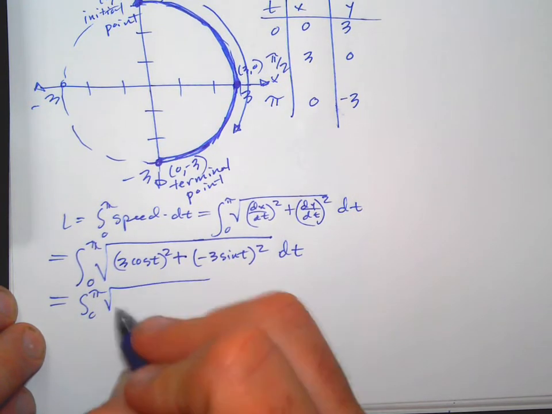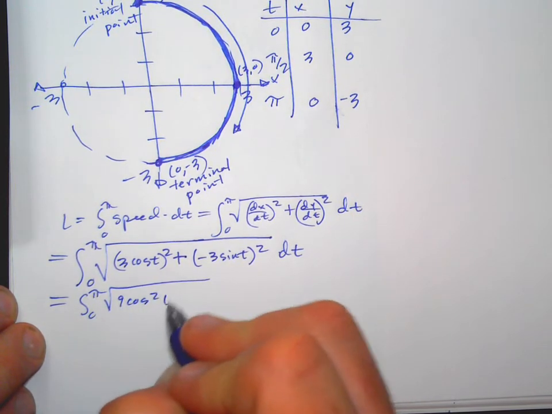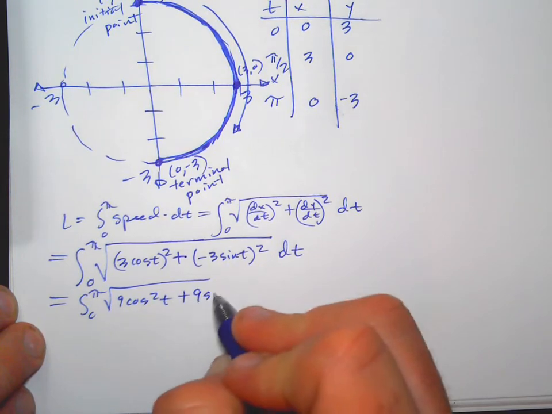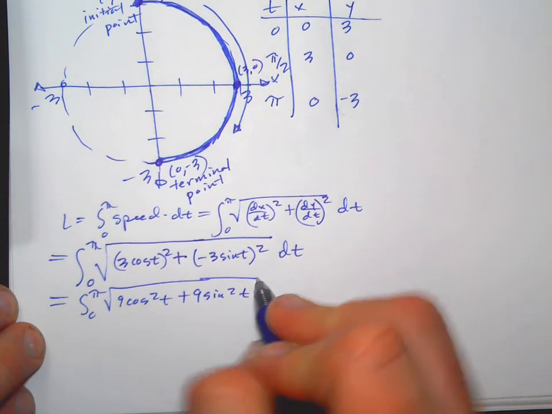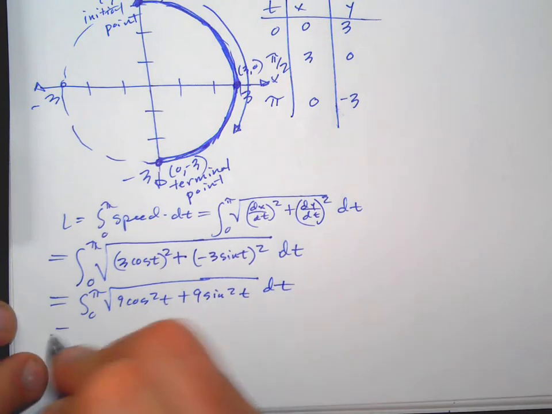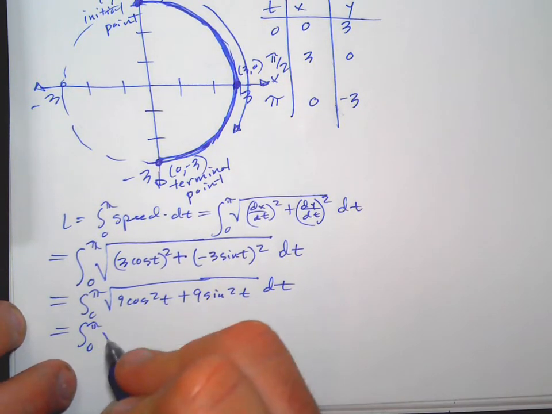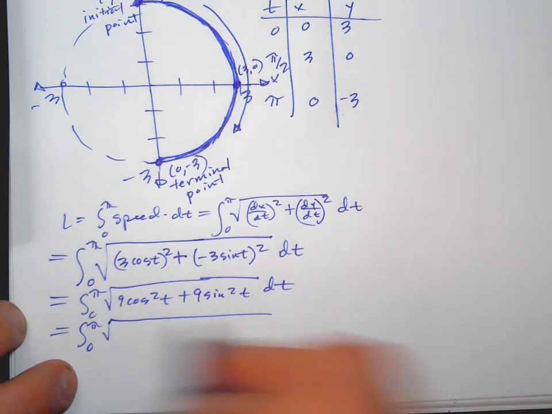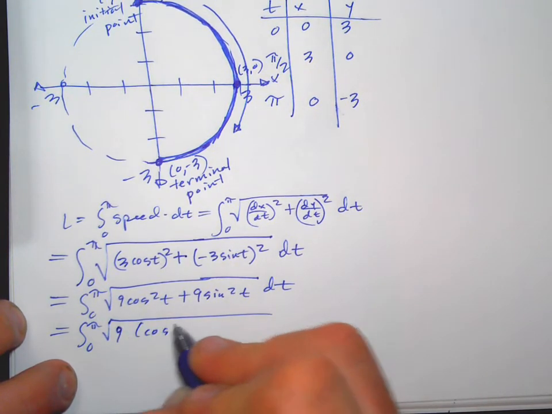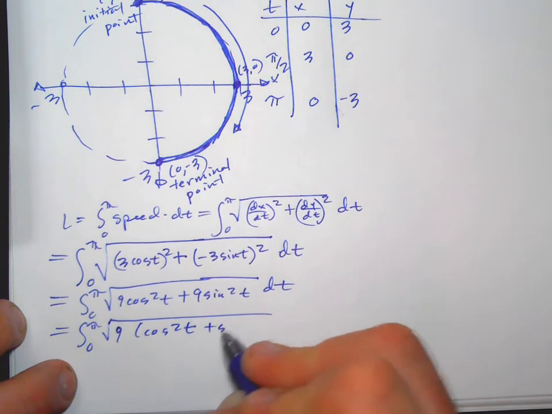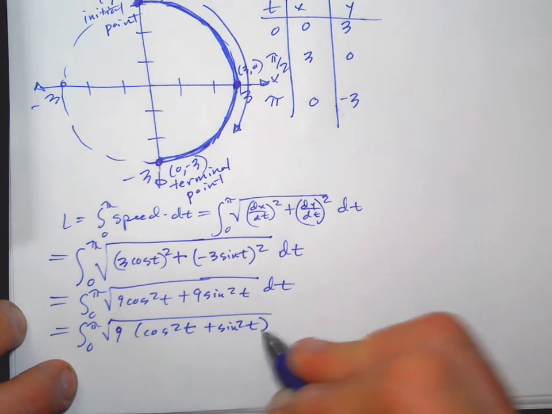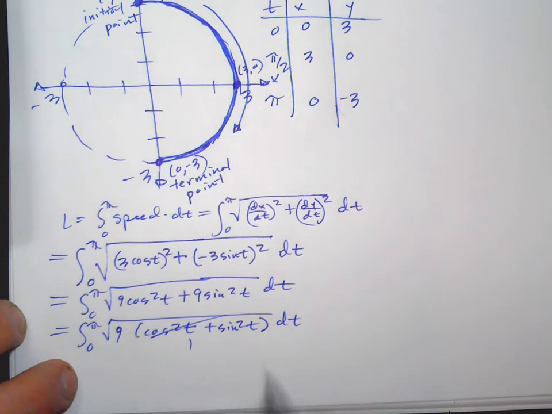So this is going to be 9 cosine squared plus 9 sine squared. How could we simplify this? Like, we could factor the 9 out, right? And cosine squared plus sine squared, that looks familiar, is 1.